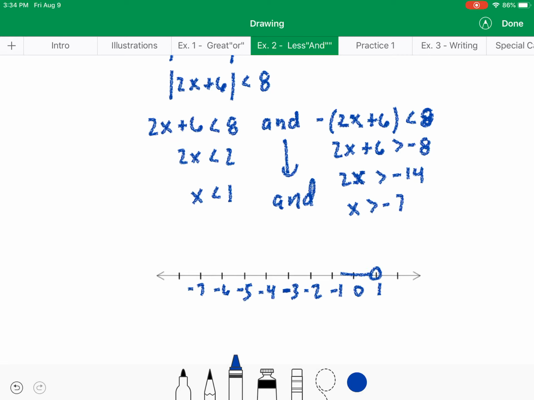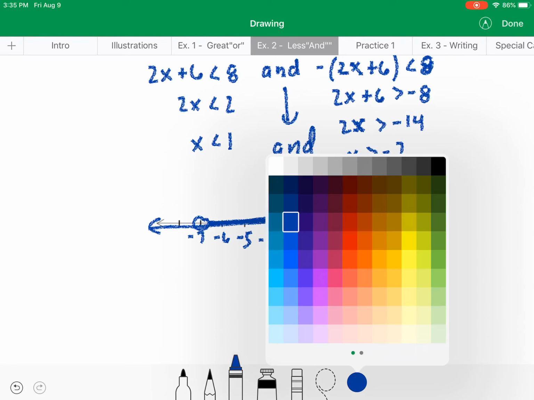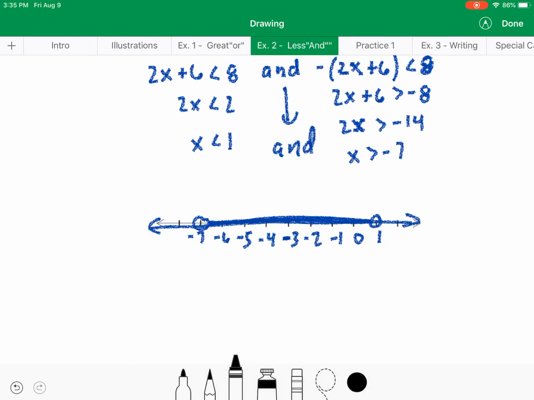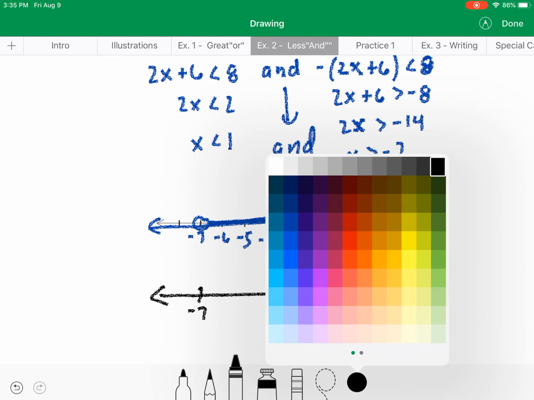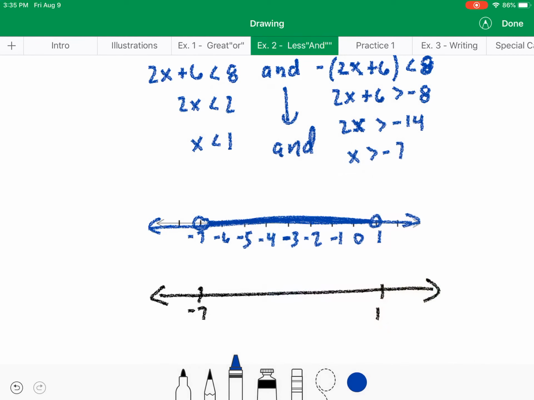So x is less than 1, x is greater than -7. Notice the overlap is between -7 and 1, so I should actually draw a new graph here to just contain the numbers in between those two.